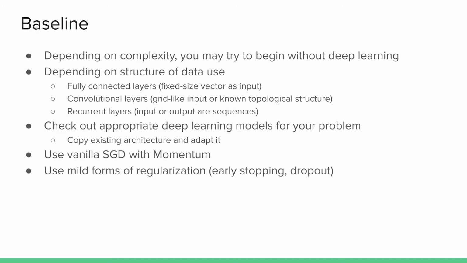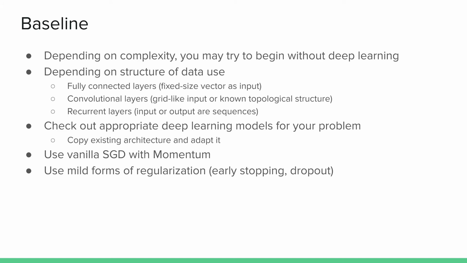Before you start developing your machine learning models, you should actually try to establish a baseline. Maybe depending on the problem that you're looking at, you could try to do something without deep learning in the beginning. Run a k-nearest neighbor classifier. Do some manual programming and see how fast and how far you can get with that. And depending on the structure of the data, we now have these three types of layers.